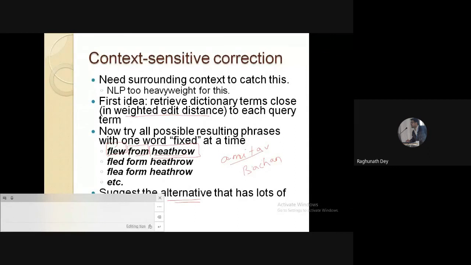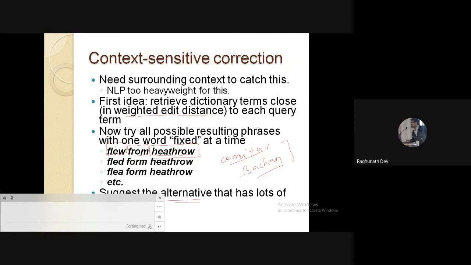So these two are wrongly written. In that case, what will happen? You can check it. When you write the same term in the Google search engine, it will suggest the correct alternative.